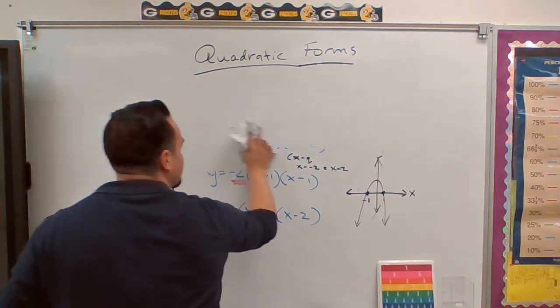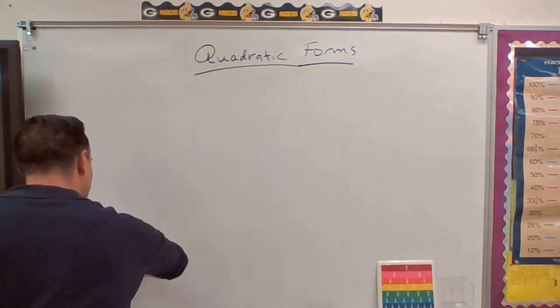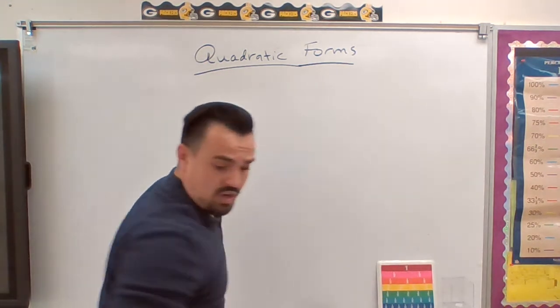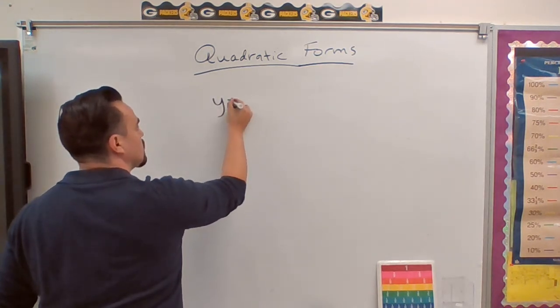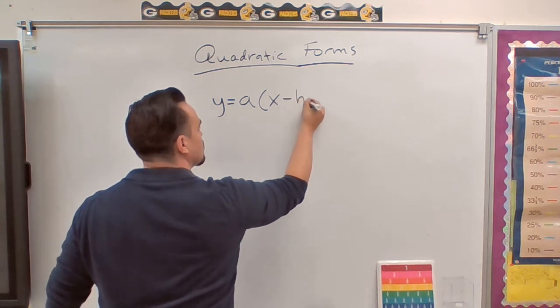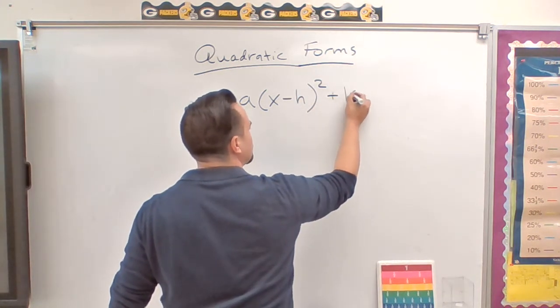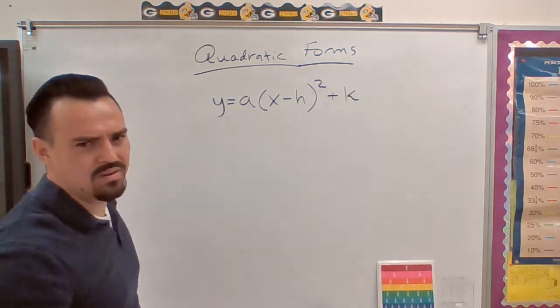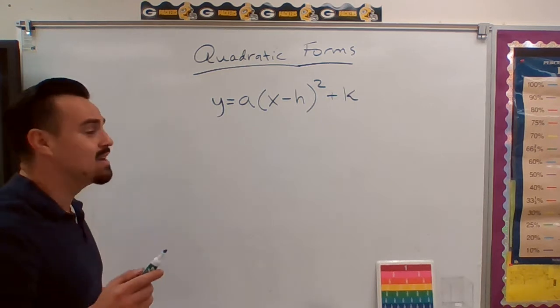The last form you're going to be seeing is our vertex form. Sometimes referred to as HK form, but vertex form is the proper name.